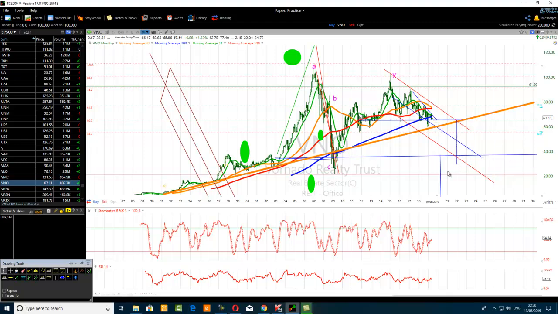If that is the case, we will say this was the first leg of the second zigzag, this is the 1, 2, 3, and because this one was a sharp move down, now here it is.